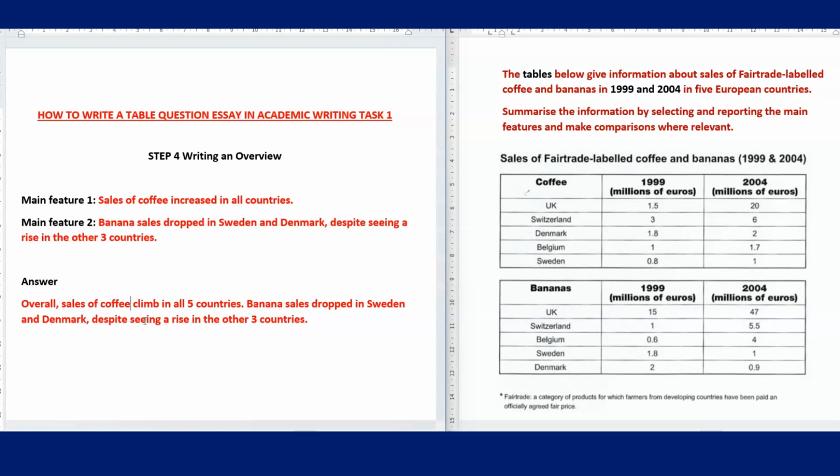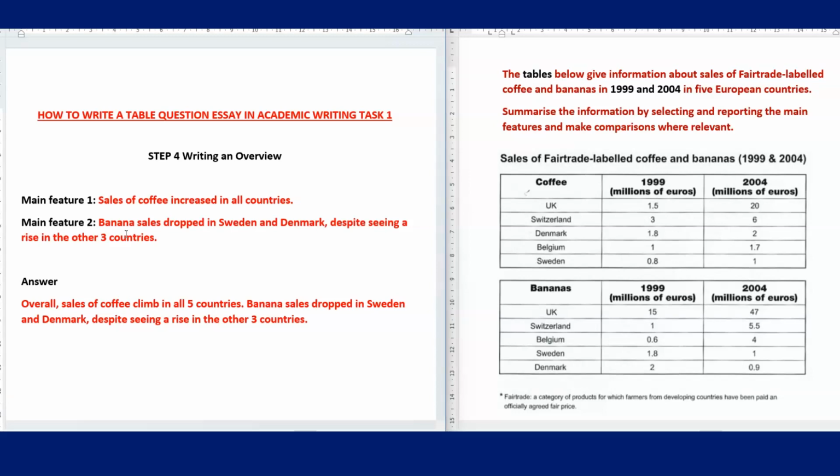So what we do is that we just formed an idea. We just formed these two ideas, which are the two features. We just formed 2 or 3 sentences in that particular idea, and we just stated the information. That's what you need to do when you are writing an overview.